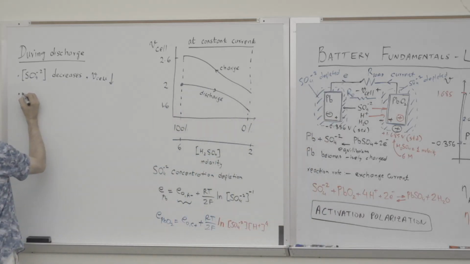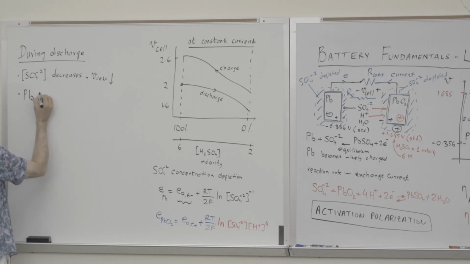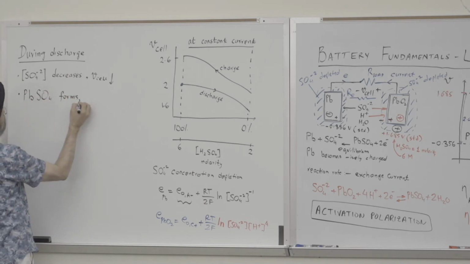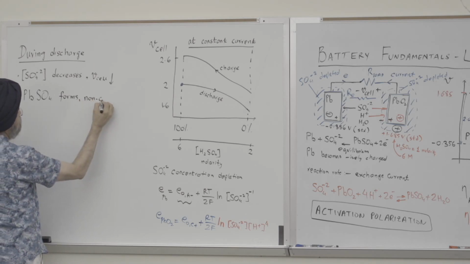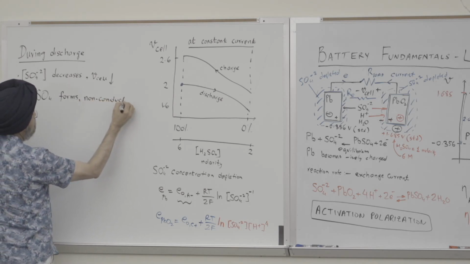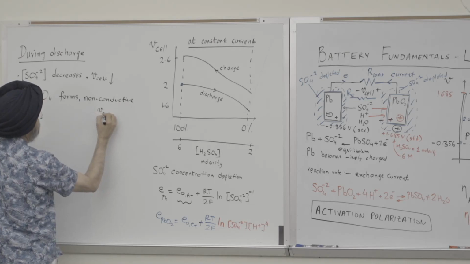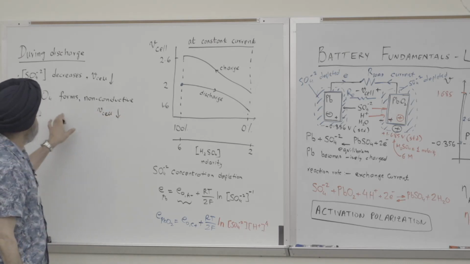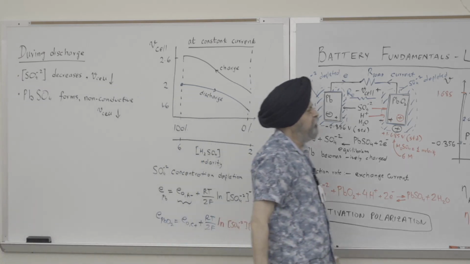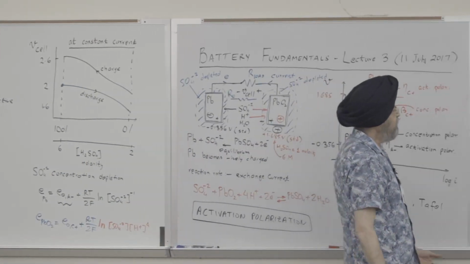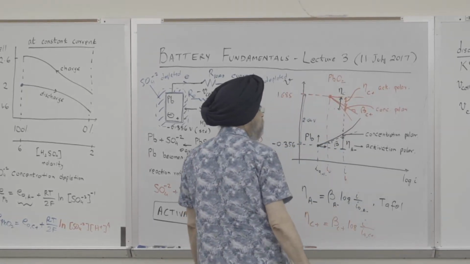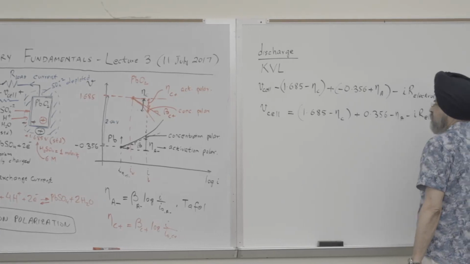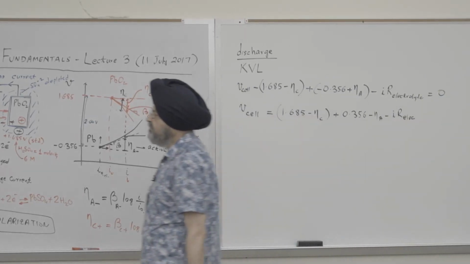The second is that lead sulfate forms, and this is non-conductive. Therefore, V cell also decreases, because you can add the resistance of the lead sulfate to the resistance of the electrolyte.